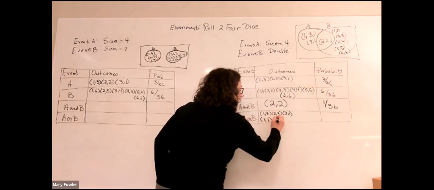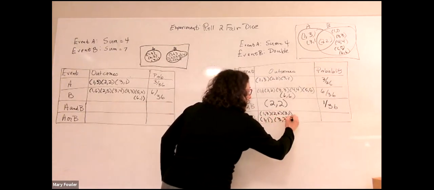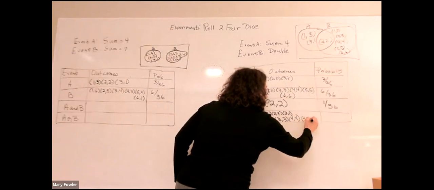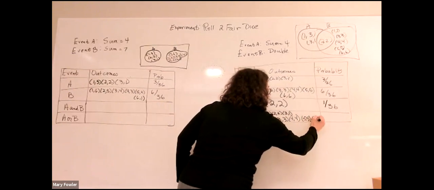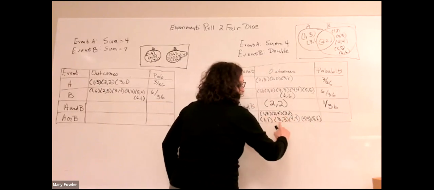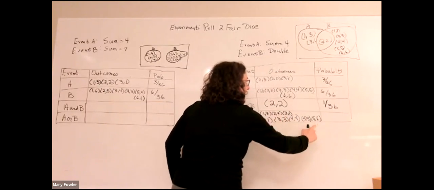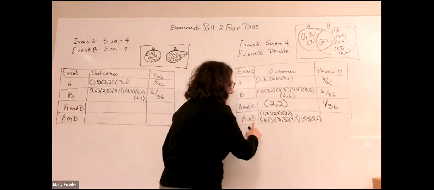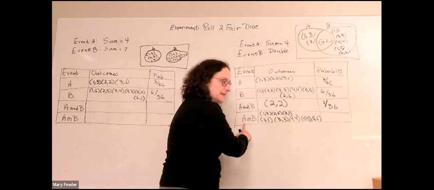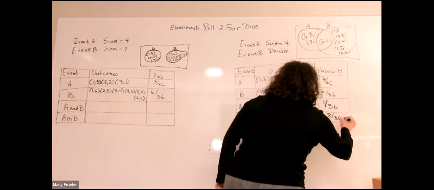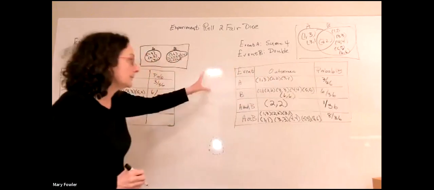So 1, 1, 3, 3, 4, 4, 5, 5, and 6, 6. All together, 1, 2, 3, 4, 5, 6, 7, 8. There are 8 outcomes in the event A or B. So the probability is 8 over 36.